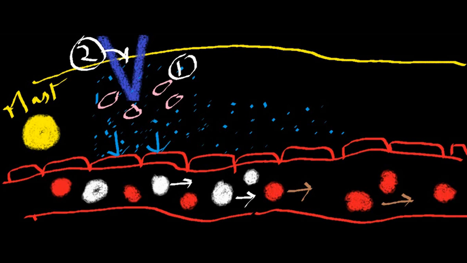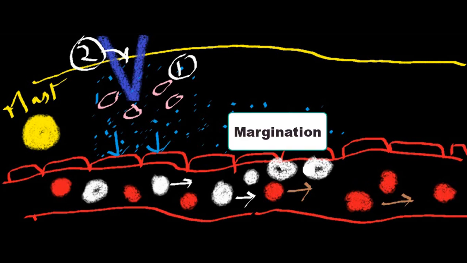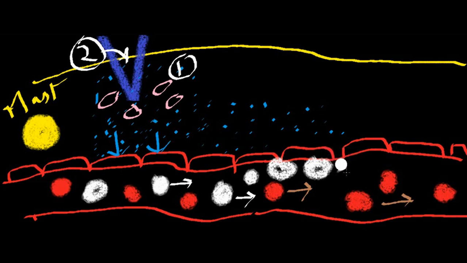What are these mediators? Now what they will do, they will act upon these capillary wall cells and they make the capillary permeable। So vascular permeability will be there। Now because of this vascular permeability, these WBCs, they will marginate themselves along with the capillary wall। Capillary wall के margins पे they attach हो जाएंगे। This step is called as margination। Now because of this vascular permeability, now these cells will start migrating towards the site of infection in the tissue.